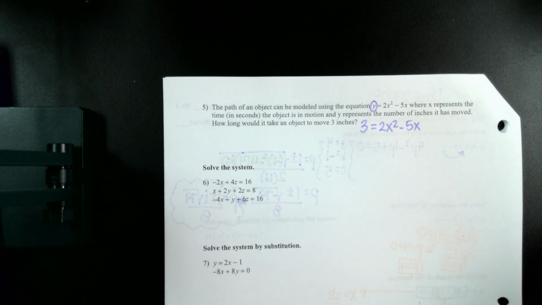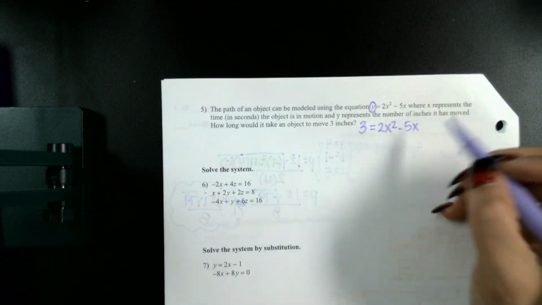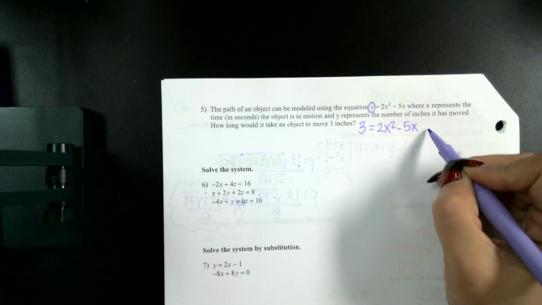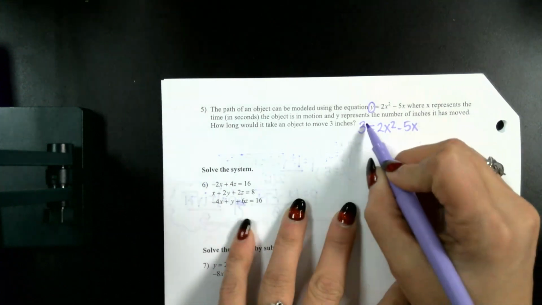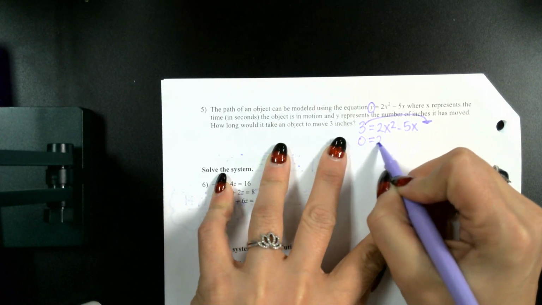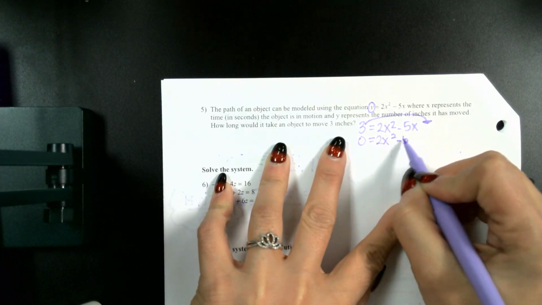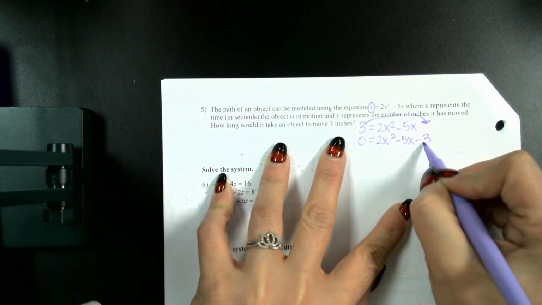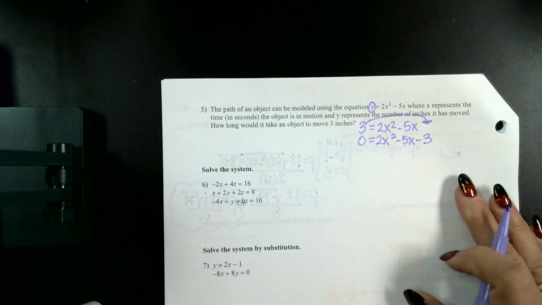Well, in order to solve for x, doesn't this have to be over here? Okay, so if I move that at the end, wouldn't it become negative? So 2x squared minus 5x minus 3. And then we'll factor.